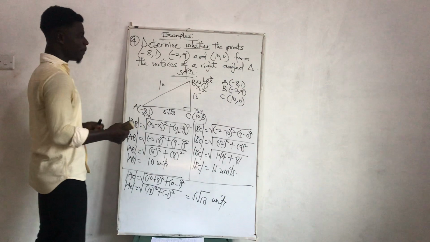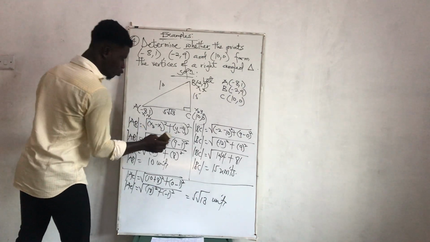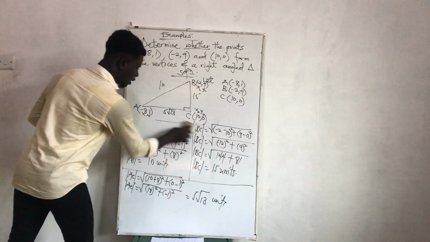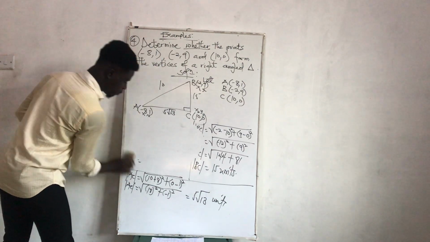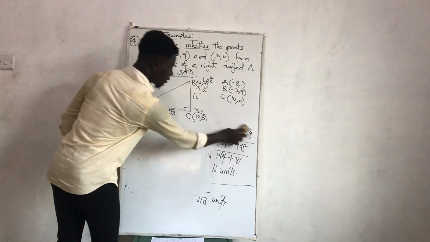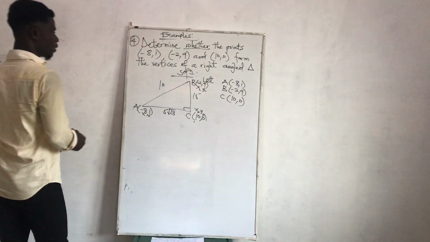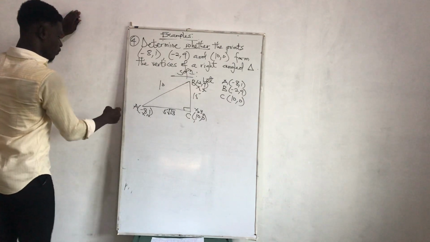So if they obey the Pythagoras Theorem, then you have to use it to work for that. Then we have the length of AB, the hypotenuse, to be what?